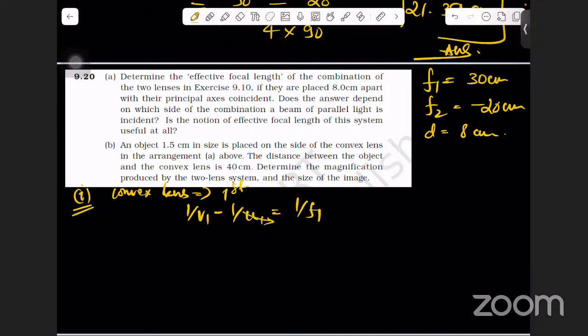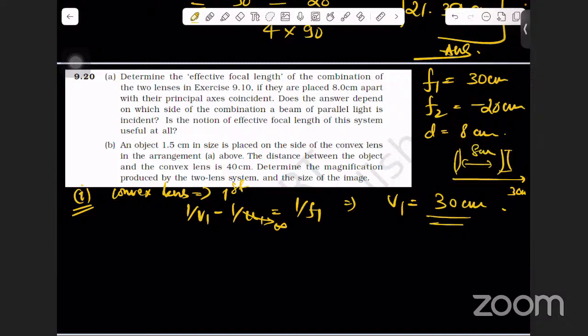And U1 is infinity, so you get V1 as 30 centimeters. From here, 30 centimeters, and this distance is 8 centimeters. So for the second lens, the object is actually towards the right side, so it will be a virtual object for the concave lens.